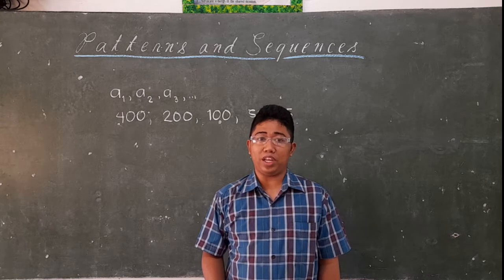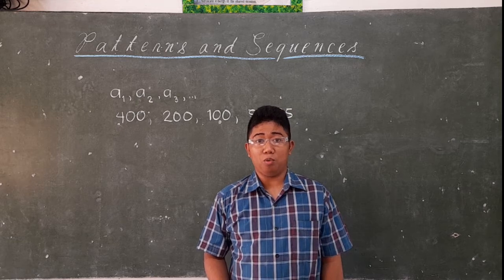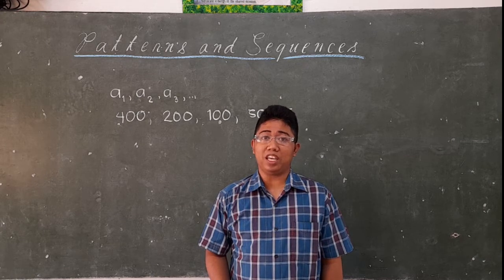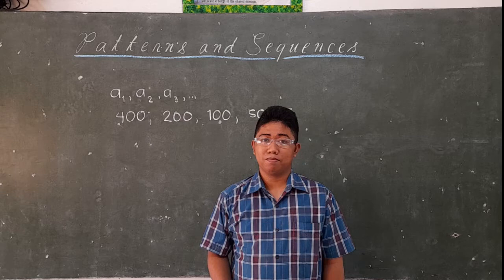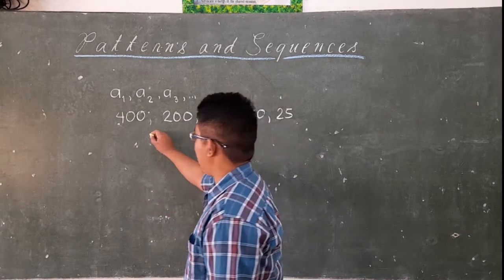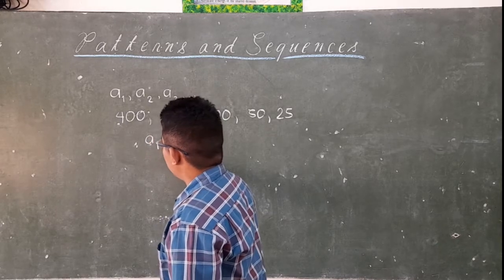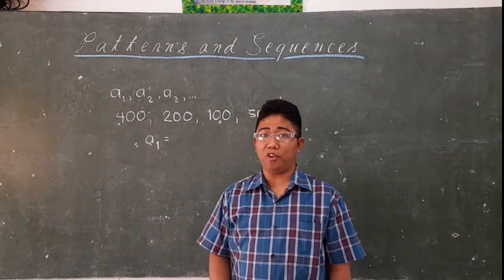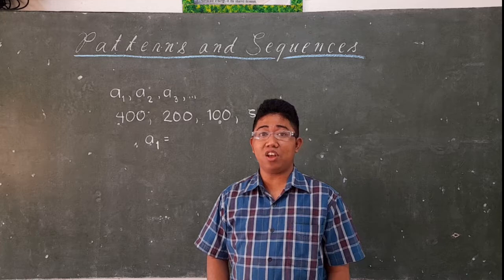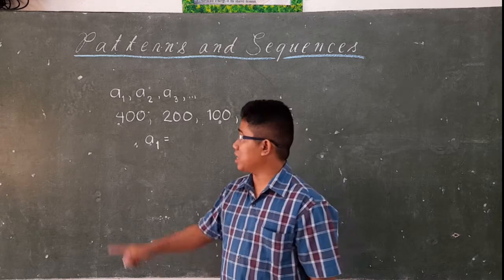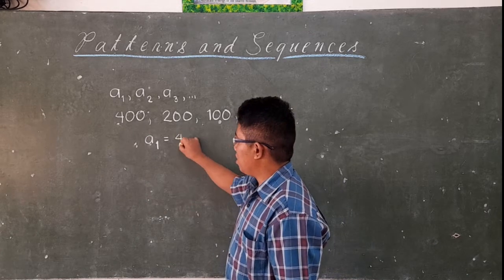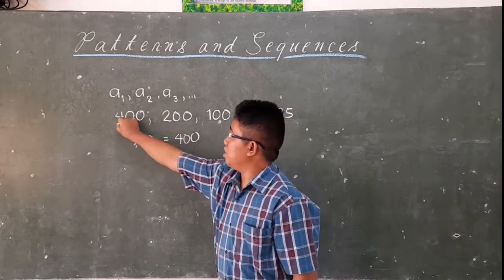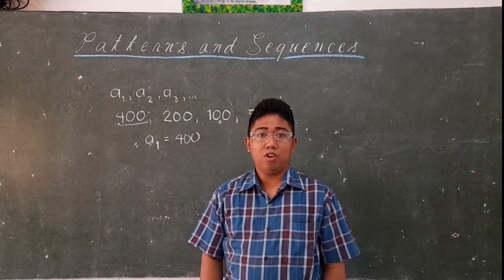Let us start with the first term. What is the first term in the given sequence? Alright, the first term is represented as a sub 1. So a sub 1 would be the first element of the given sequence. So that is 400. So a sub 1 is 400.